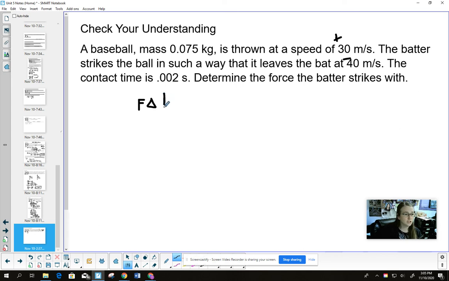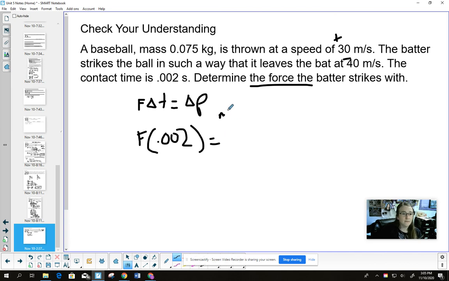So force times change in time equals our change in momentum. We are looking for F. So F times our change in time is 0.002. Our momentum was once again mass times final velocity minus mass times initial velocity. So being very careful with this, this was our initial, this was our final. So mass times negative 40 minus, let me plug the mass in, 0.075.